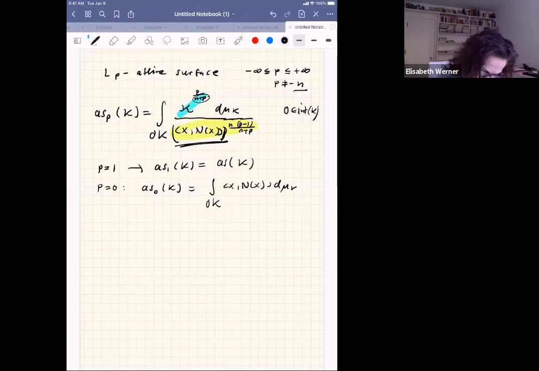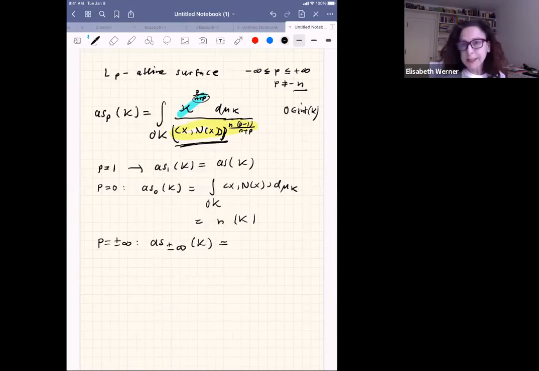And we had seen that this is actually equal to n times the volume of K. And we can look also at p equals plus or minus infinity, and we'll get that for both plus or minus infinity, the infinity-affine surface area of K is equal to n times the volume of the polar body of K.